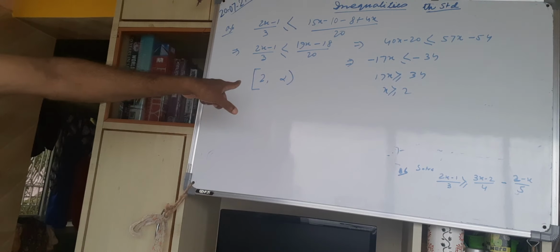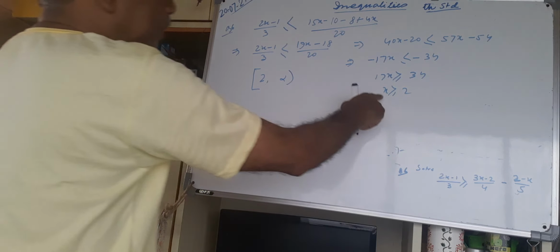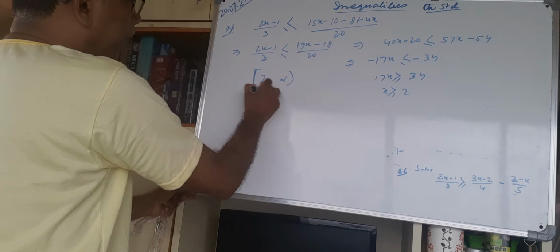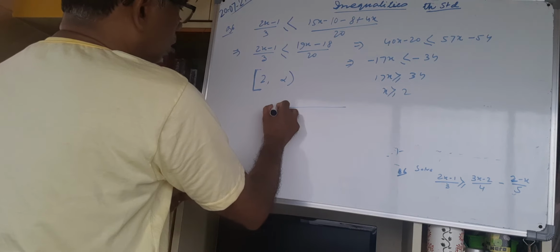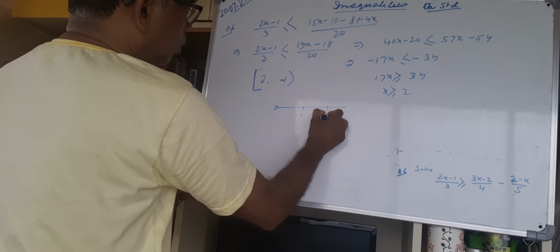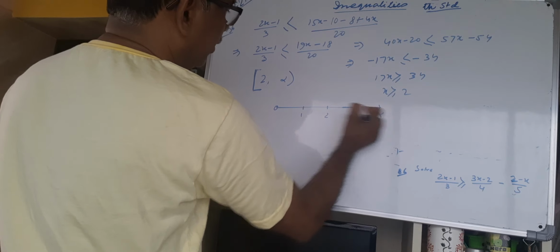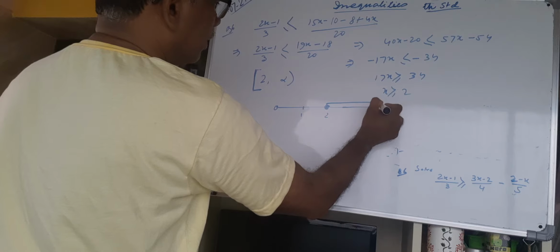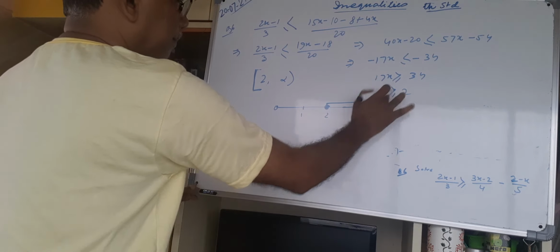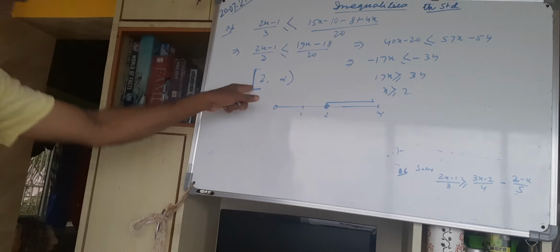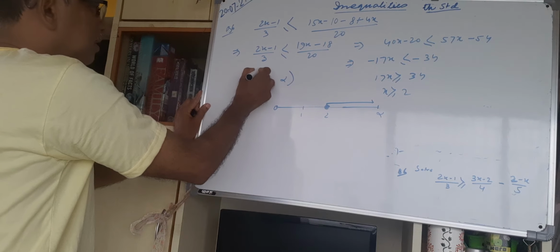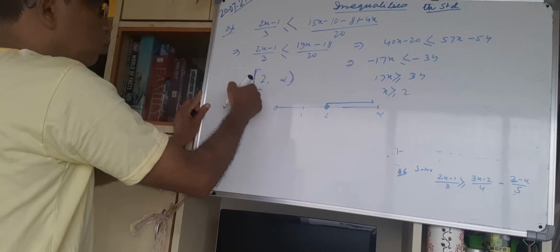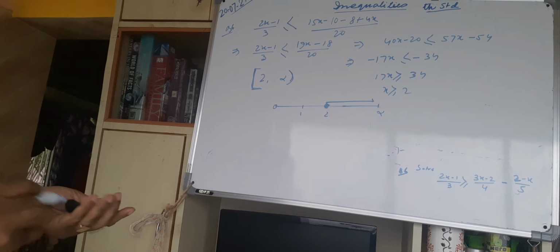Symbolically we can write x greater than equals to 2, as it is equals to, this should be included, that is 0, 1, 2 to infinity, this is dotted and this should be your solution. 2 to infinity, this third bracket means not included, and first bracket means included, infinity.